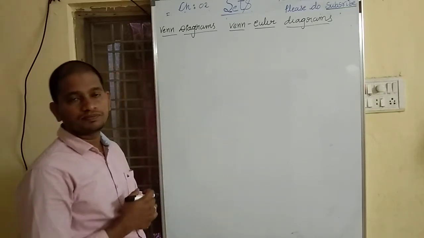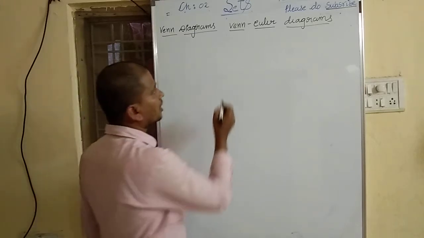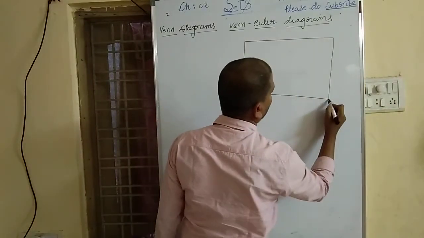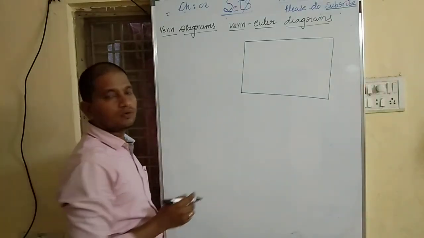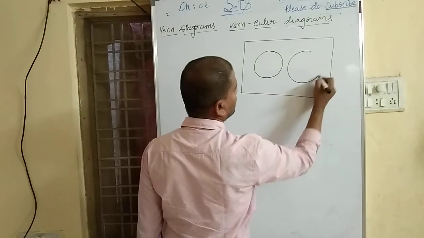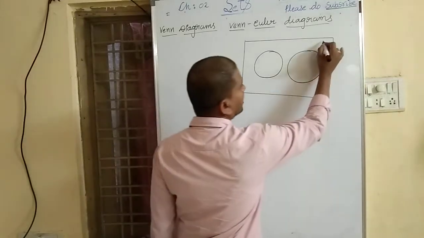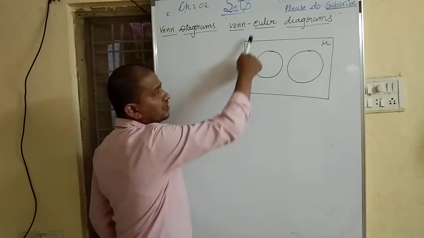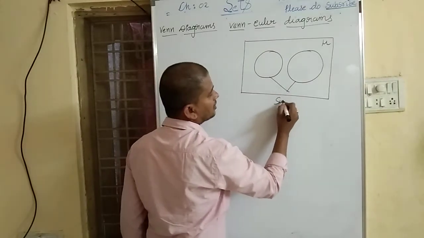Also in a Venn diagram we use a rectangle, and inside the rectangle we use closed curves called circles to represent subsets. This is our whole set, the universal set mu. The rectangle represents the universal set and circles represent subsets. These two will represent subsets.